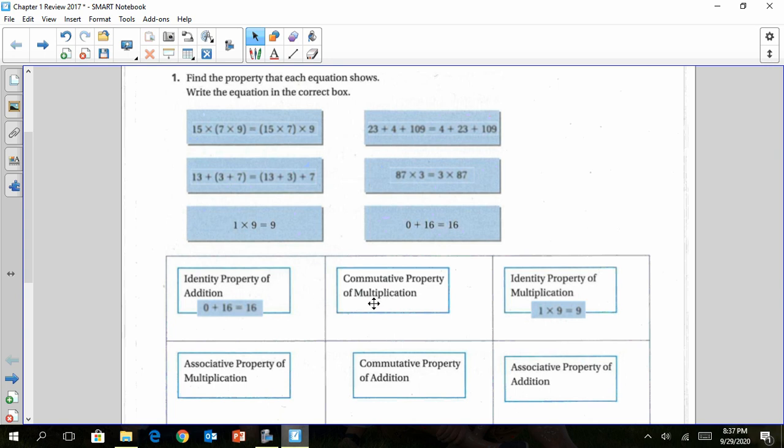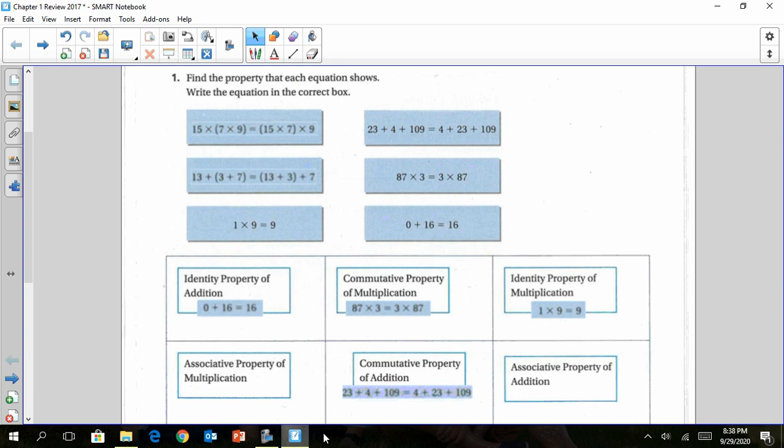That would be 87 times 3 gives you the same answer as 3 times 87. Then for addition, it would be the same thing where we flip-flop the order except using addition. That would be 23 plus 4 plus 109 is the same as flipping the order and getting 4 plus 23 plus 109.